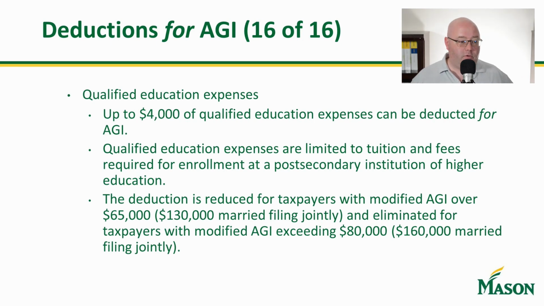In my tax return preparation system, and I know this on UltraTax, CCH, and Go System does all the same thing, you're going to have a little button that you can toggle saying, hey, take the best of all three. You're going to consider the deduction for AGI, the AOTC, which is the American Opportunity Tax Credit, and the Lifetime Learning Credit. Tell me which one works out best for my client. And that's how they're going to calculate it.